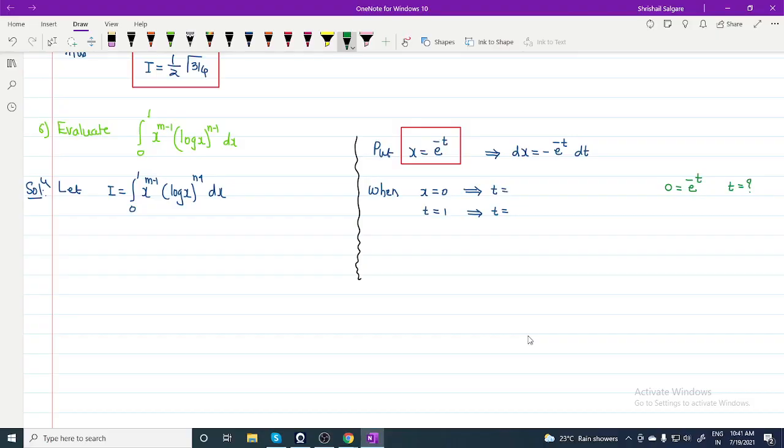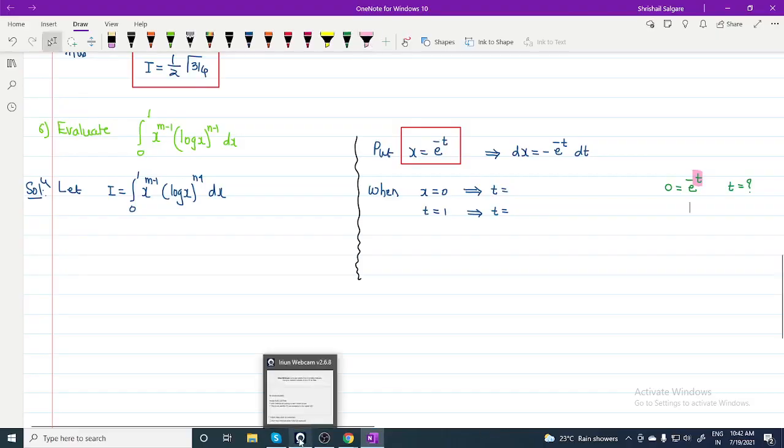E to the power something is equal to 0. What is the value of t? Omkar, what is the value of t? Infinity.